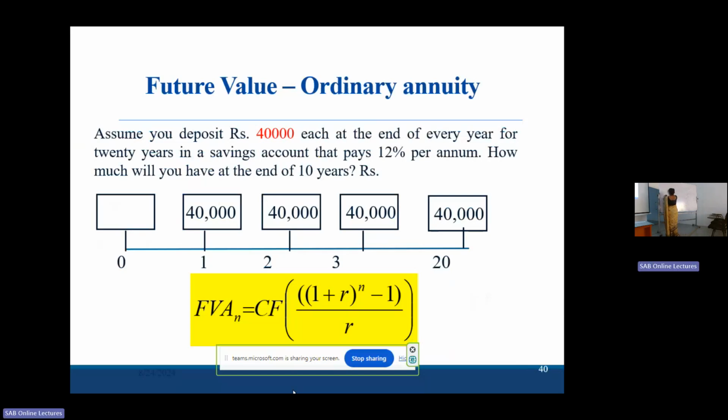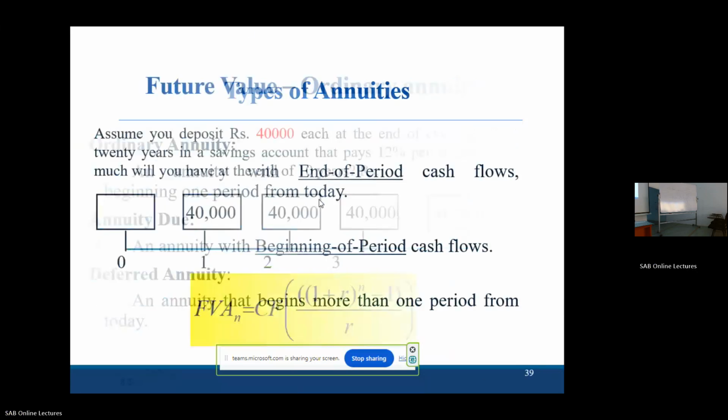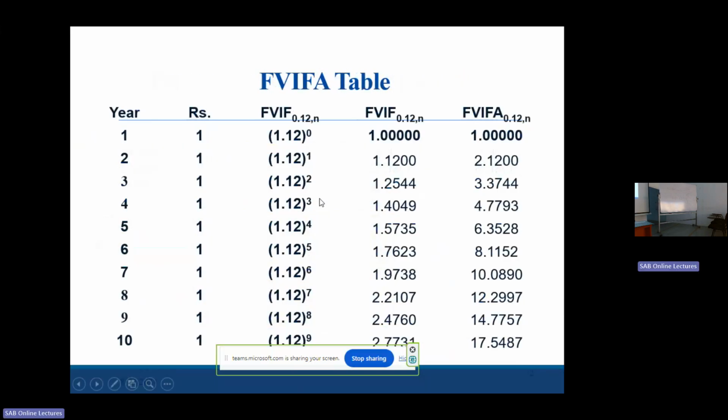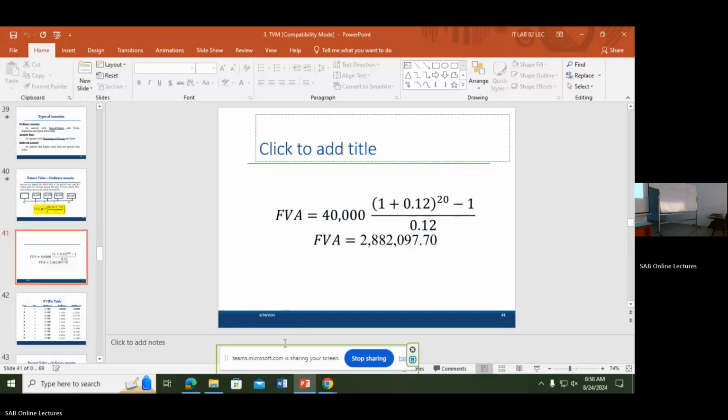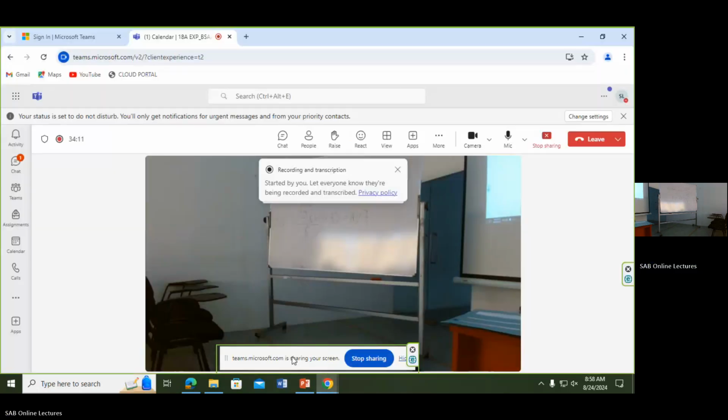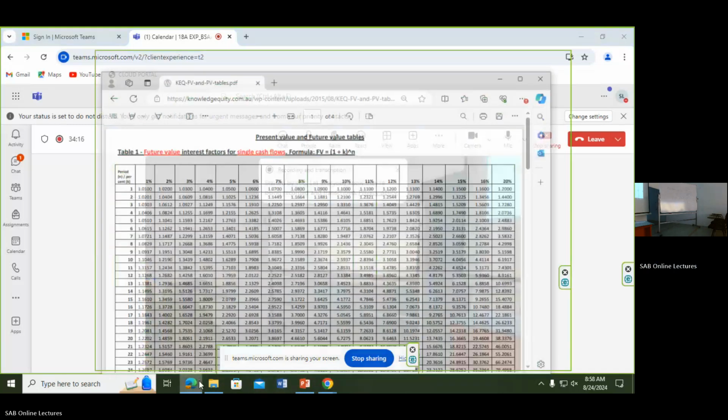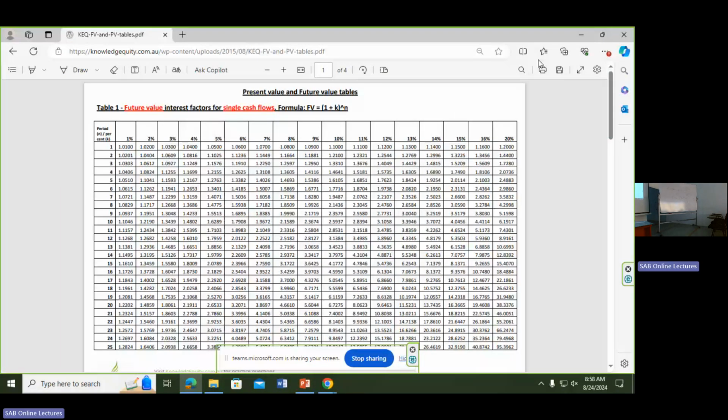So we get 9.2 million 547, something like that. Did you get this also?